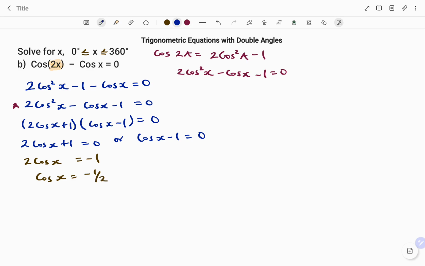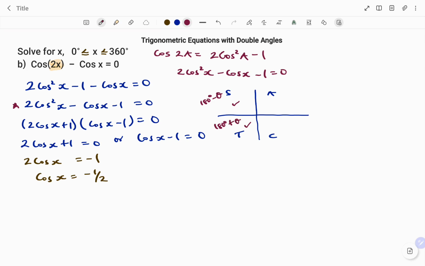If I go back to my CAST diagram, as shown, I have C, A, S, and T. Note that cos is negative because I have minus 1 over 2. Cos is negative in the second and the third quadrant. I have that as 180 degrees minus theta, and 180 degrees plus theta.